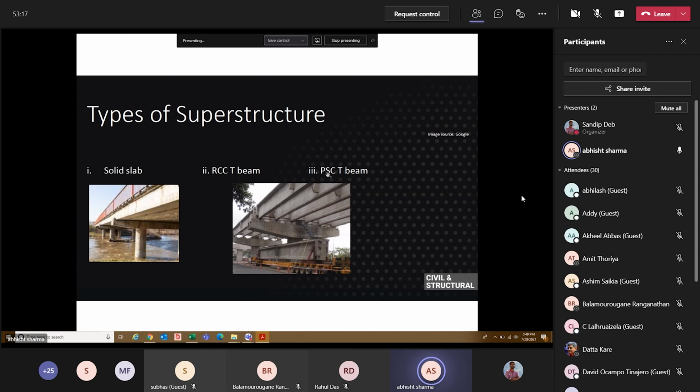In this, we will include some different techniques through which a T-beam can span up to 40 meters in PSC. And in RCC, we generally go with somewhat lower spans. So this is how they look. I think this is the most common structure you can see anywhere. These are basically T-beams, and they are readily used almost everywhere in India.